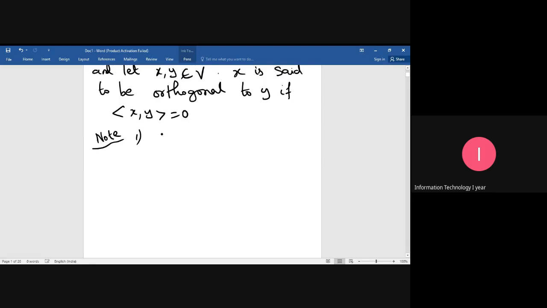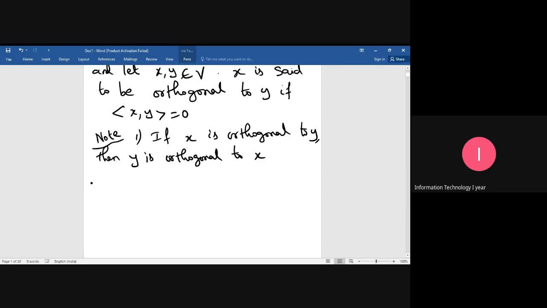First one, if x is orthogonal to y, then y is also orthogonal to x. This is the first note.